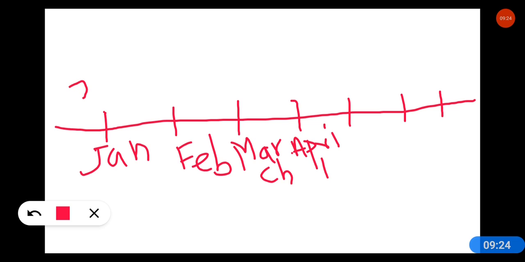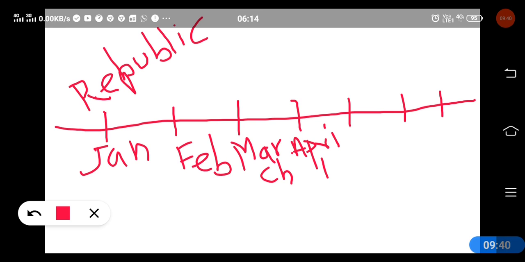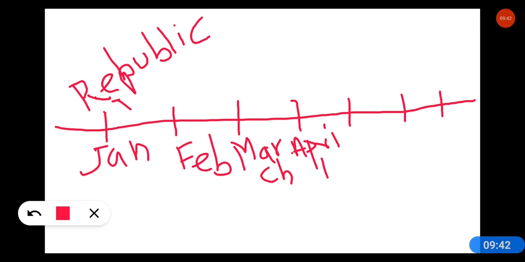So here you can write Republic Day. Right? Like that you have to draw a timeline. Did you get the idea?